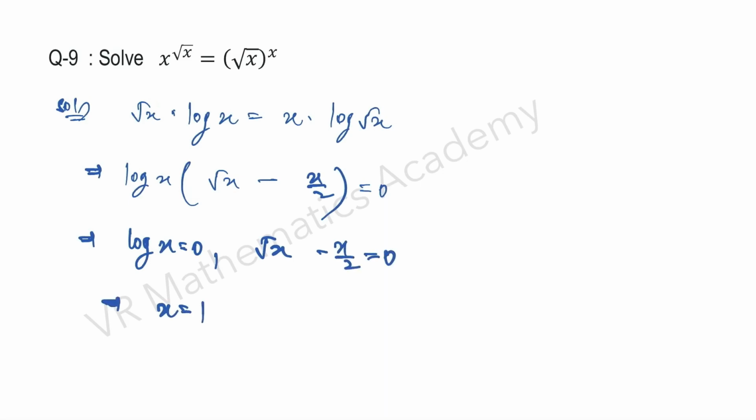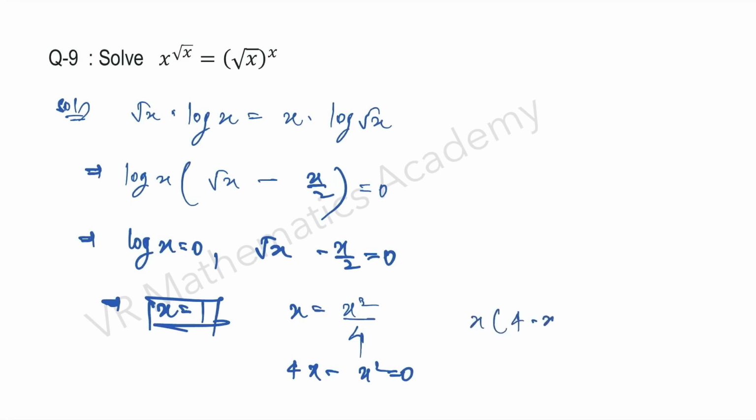When log x is equal to 0, then x will be equal to 1, and when root x minus x by 2 is equal to 0, then it can be written as x is equal to x square by 4, or 4x minus x square will be equal to 0. We will take x common, then it will be x times (4 minus x) equals 0.